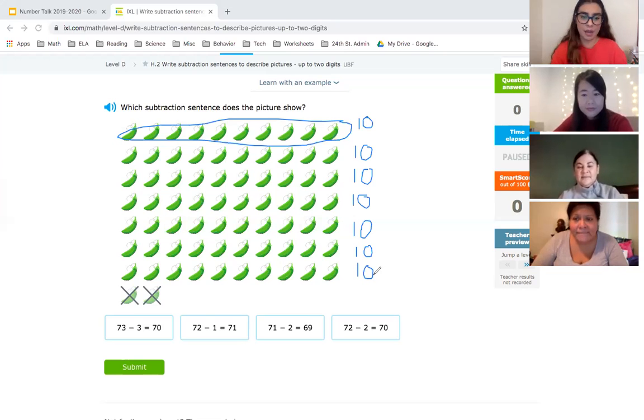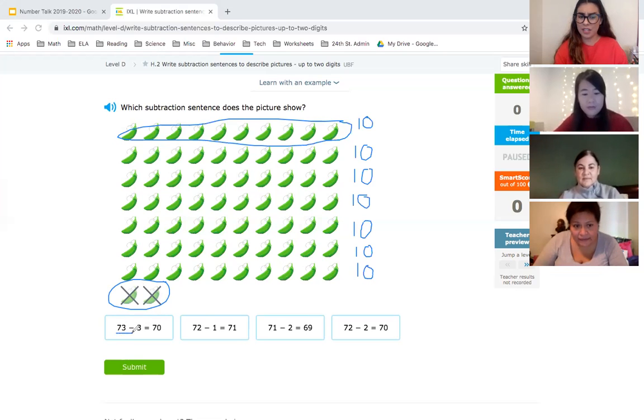All right. And then we have some left over right here. So we have 70 and how many more? 2 more. So then all together we have 72.